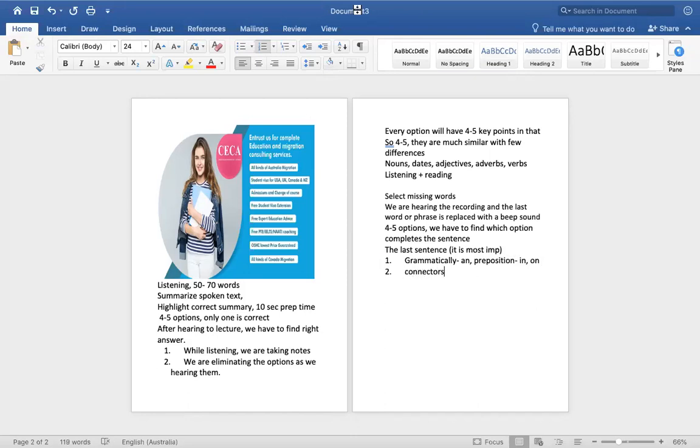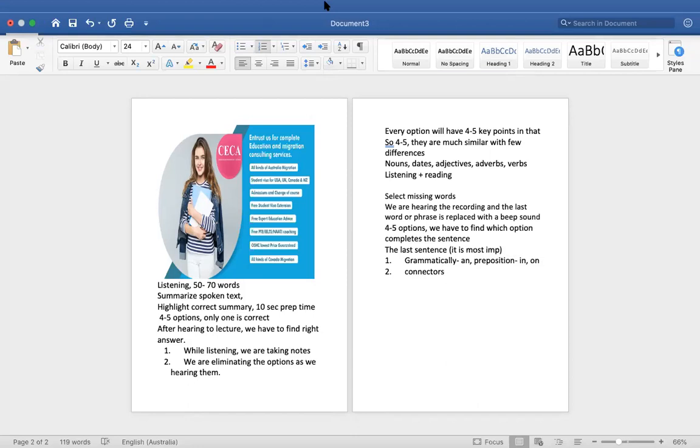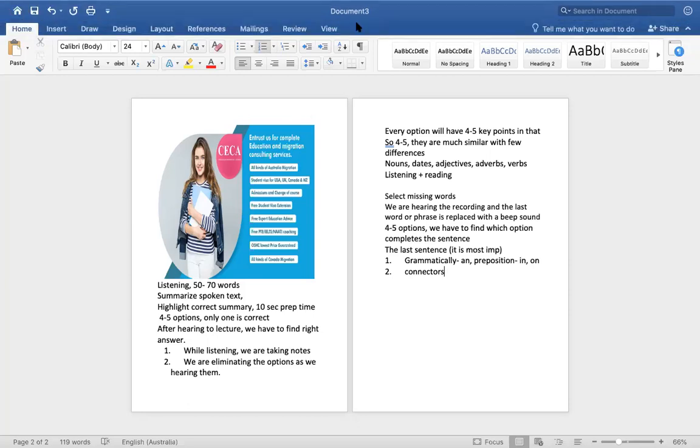The last sentence may be of an additive nature or a contradictory nature. It may start with however, or in addition, or at last. We call these word indicators. Maybe the lecture was about the positivity of things, and the last sentence starts with however, which means it gives a contradictory statement. So we can pick the last word better by having that connector sense.